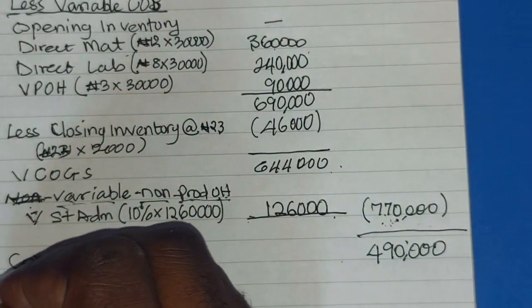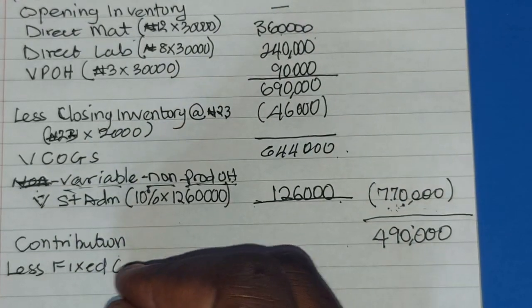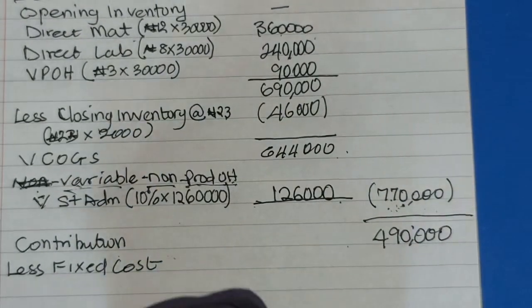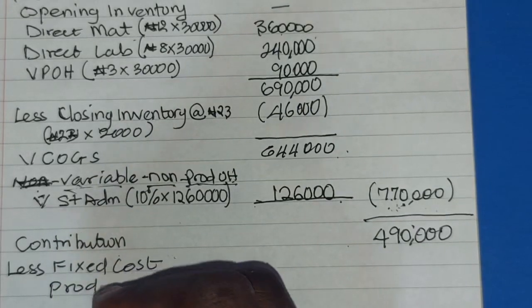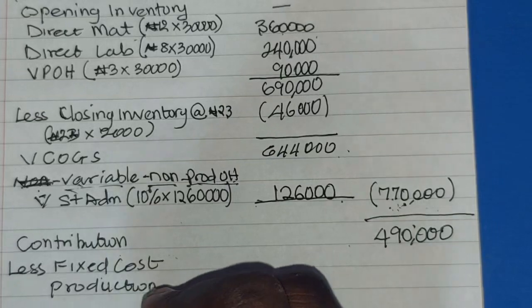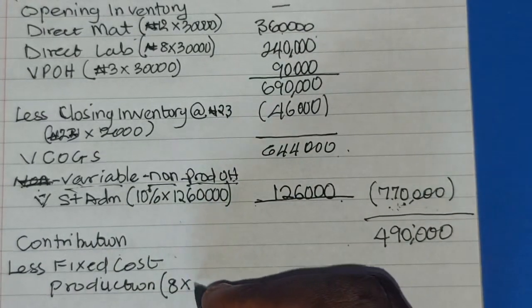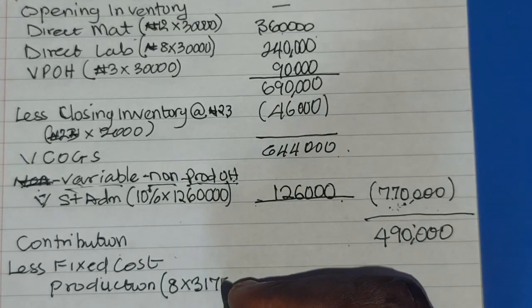Then you now say less fixed cost. So we have fixed cost, production. The production fixed cost, of course, will be 8 multiplied by the normal activity, which is 150.